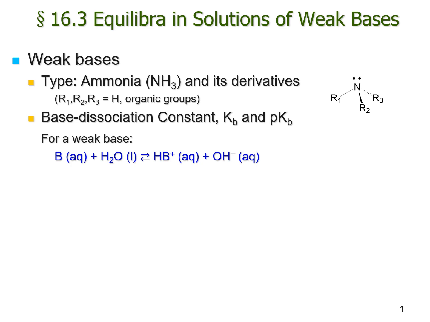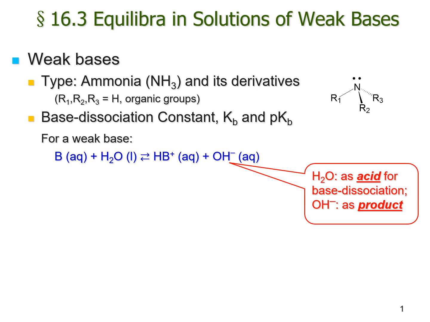So if it's base, what should be present as a product? Remember, according to Arrhenius' definition, base must be, you're right, OH minus. So OH minus must be the product. That is something we have to remember.